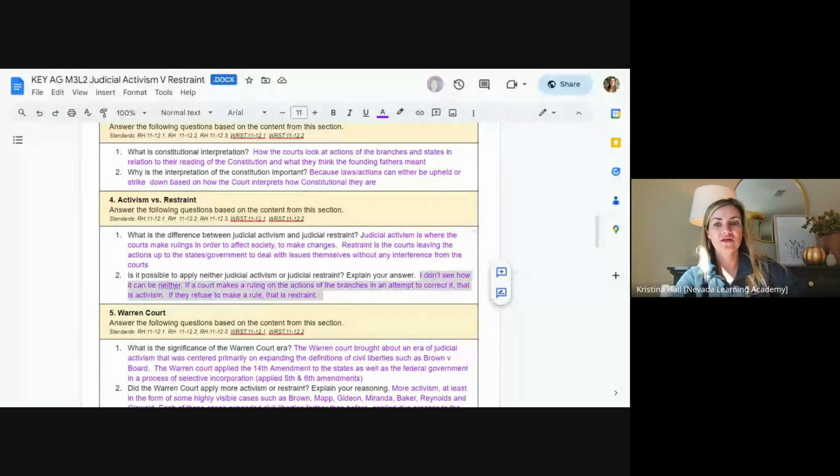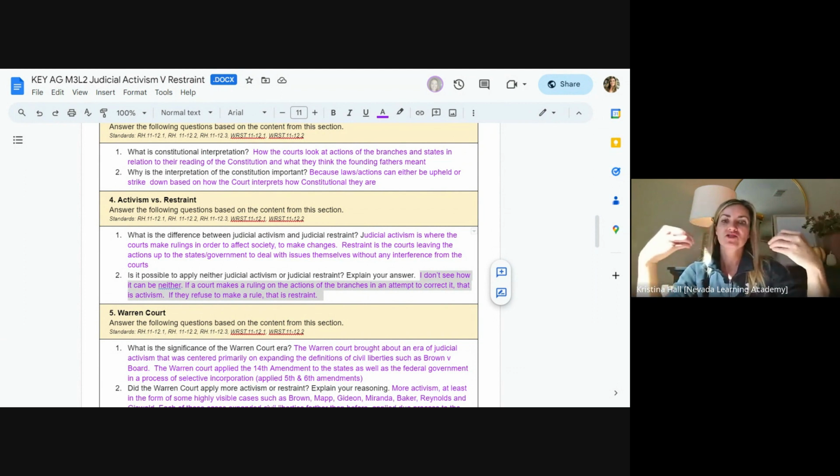So I think in pretty much all cases, judges are doing either judicial activism or judicial restraint. I don't think you can really avoid one or the other. You're either declaring this isn't our job or something we're allowed to do and putting it back to the states, or won't rule on it, or you are making a decision based on interpretation that could affect society.